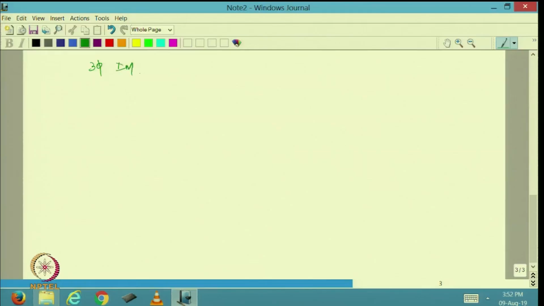So, based on this, let me try to work out one problem for the induction motor, performance characteristics. So, 3-phase induction motor, no load and block rotor test. Let me try to work out one problem. So, the problem statement goes somewhat as follows.